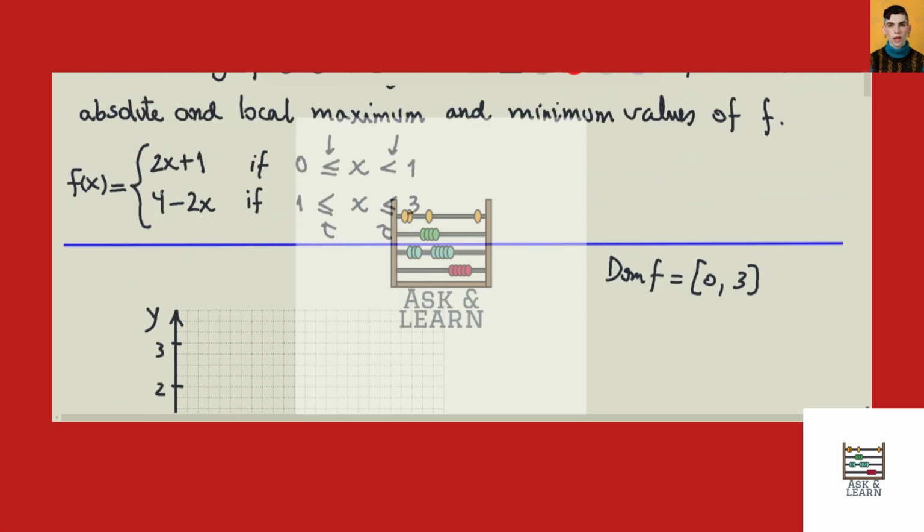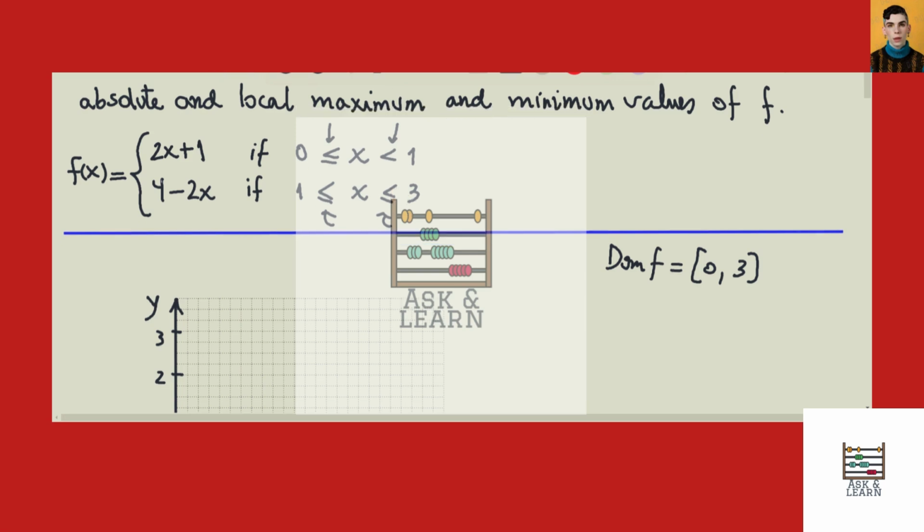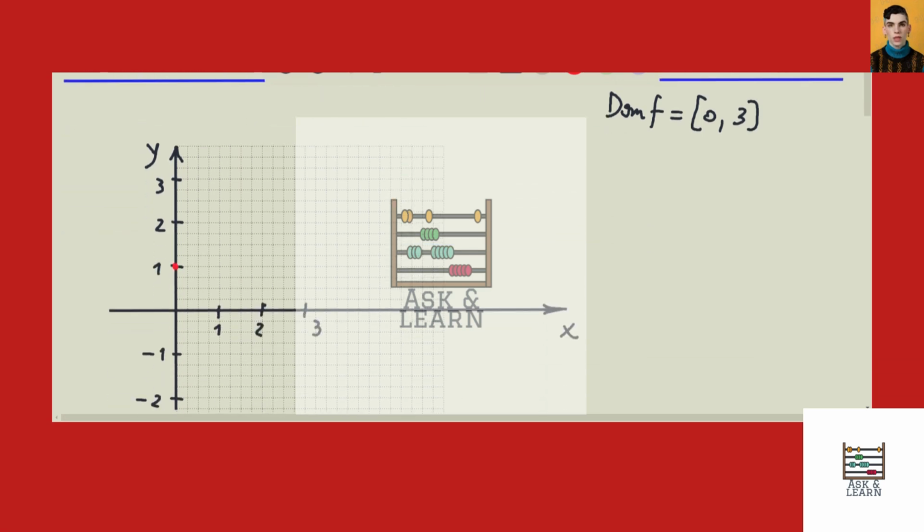Then at 1, it is not included, but if we calculate the value at 1 of the piece 2x plus 1, we get 3. That means that at 1 we will have the value 3, but we indicate it's not included with this open circle here.